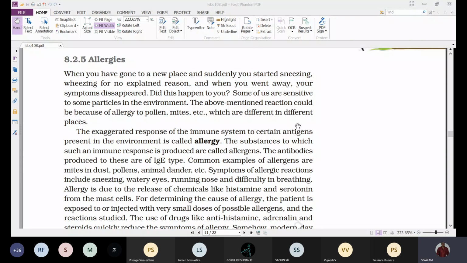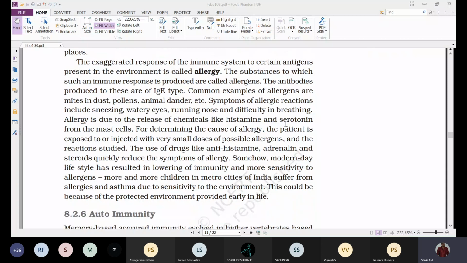So what is meant by allergy? The exaggerated response of the immune system to certain antigens present in the environment is called allergy. You have to remember that allergy is also caused because of an antigen.